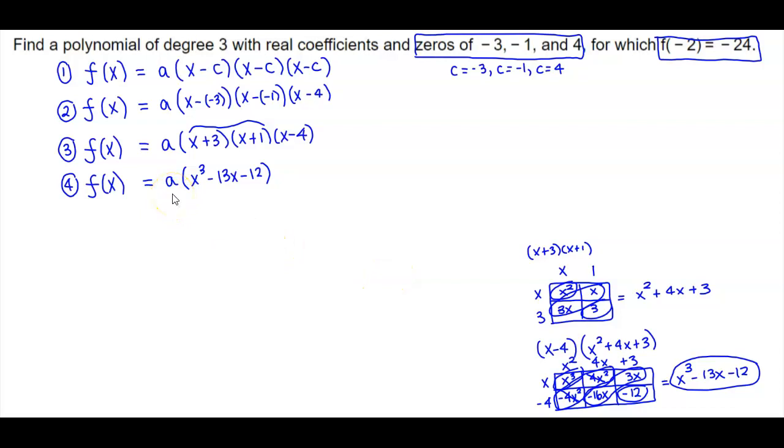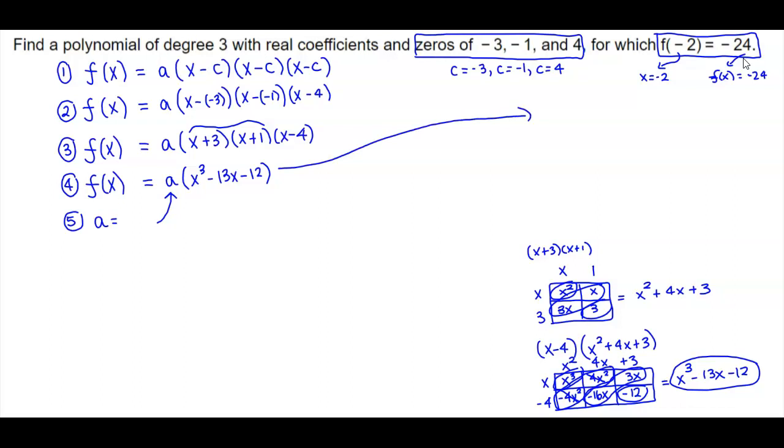The next step is, what is the value of a? In order to figure out a, we have to use the input and the output we were given. The input is -2, which tells us that x equals -2. And the output is f of x, which is equal to negative 24. So we use this to determine a.